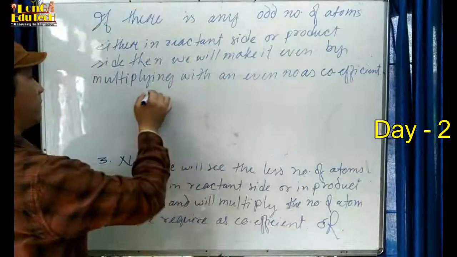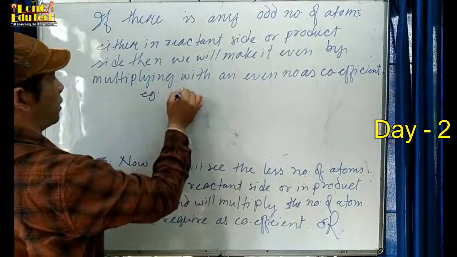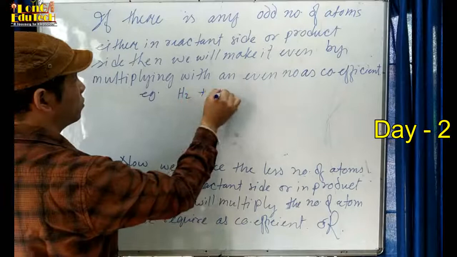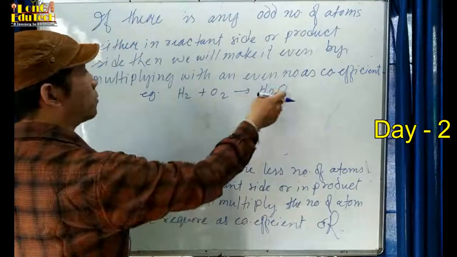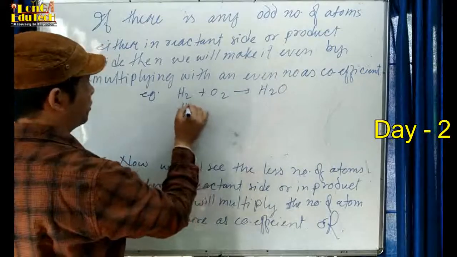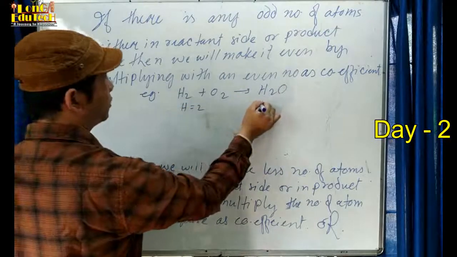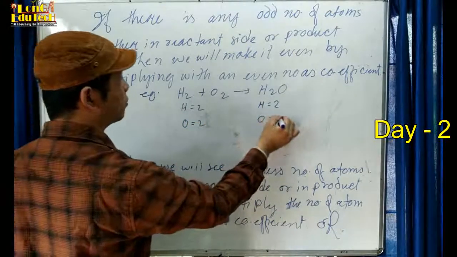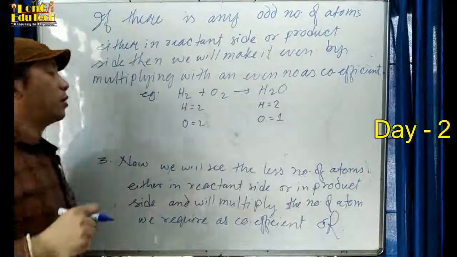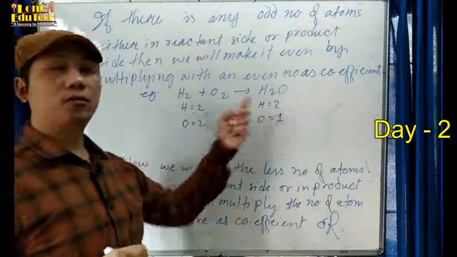See this example again: H2 plus O2 to form H2O, right? The odd number, 1, will be omitted. Hydrogen is 2, hydrogen is 2, oxygen is 2, oxygen is 1. Hydrogen 2, same, no problem.